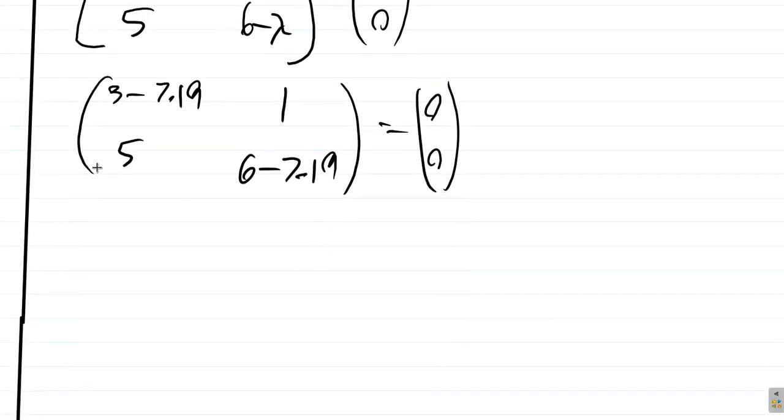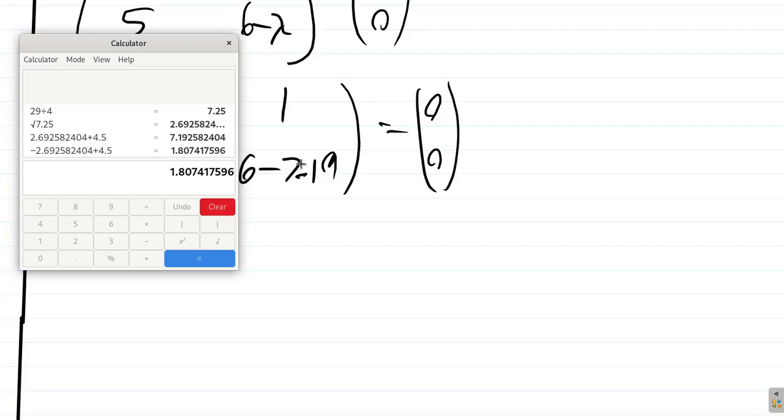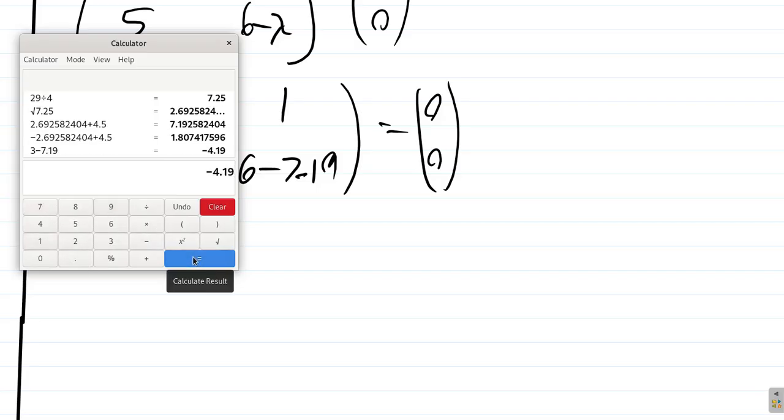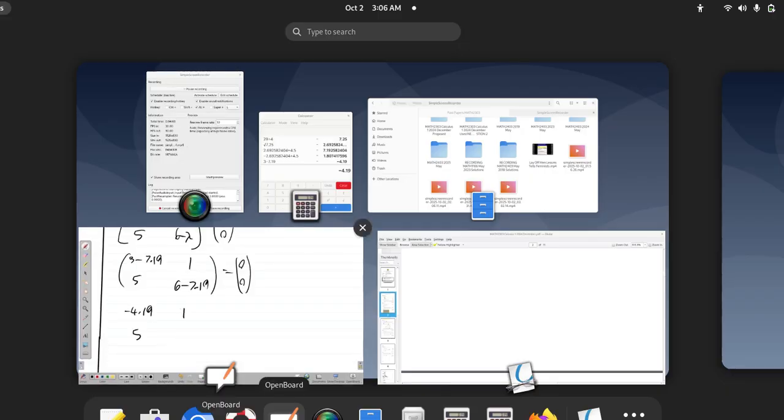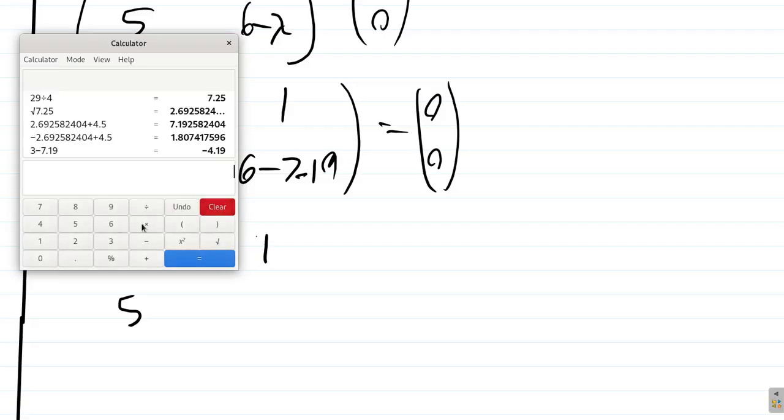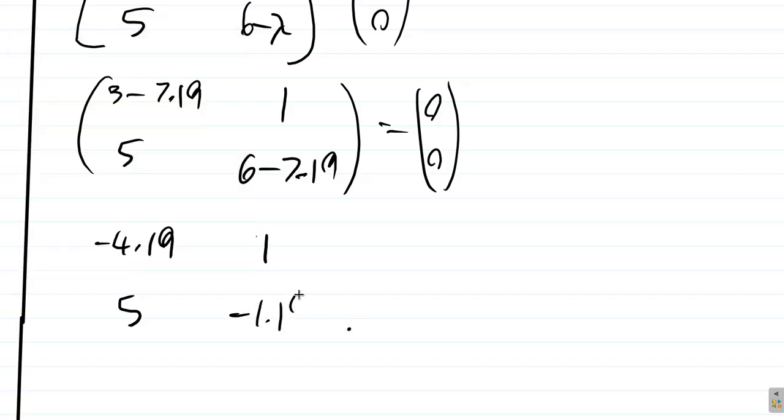3 minus 7.19, what is that? 3 minus 7.19 equals negative 4.19. So we have negative 4.19, 1, 5, and then 6 minus 7.19, which equals negative 1.19.